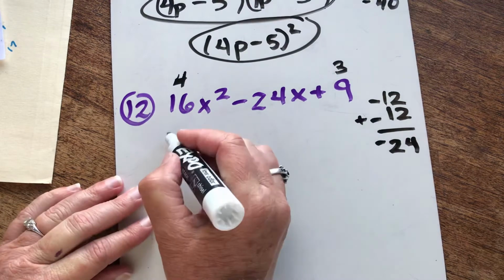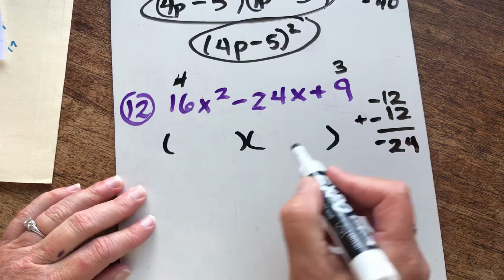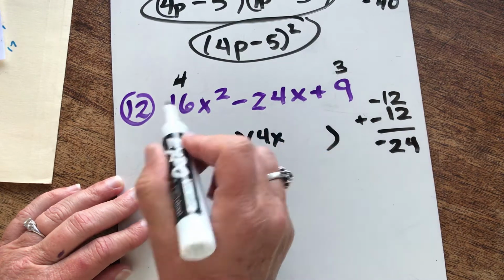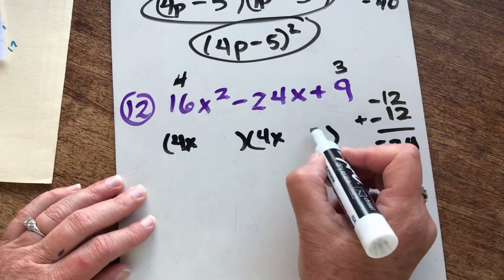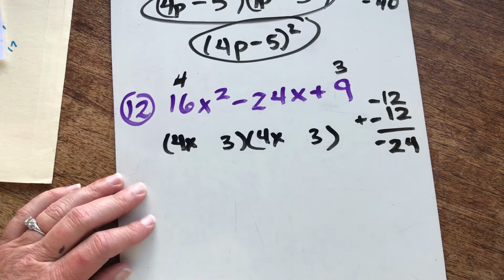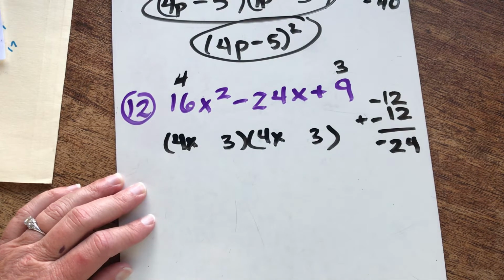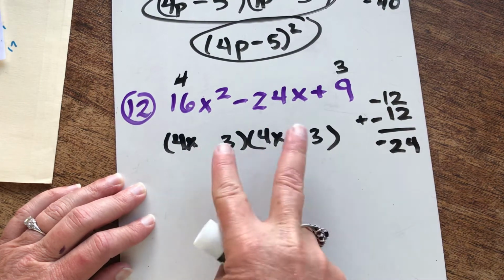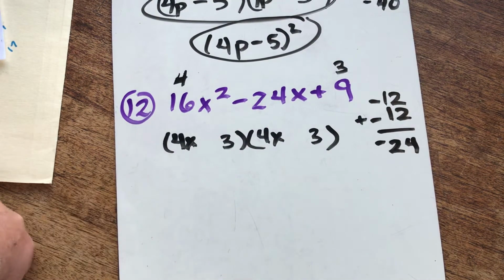So let's go ahead and factor. Set up our parentheses. 4x times 4x would give me that 16x squared in the front. 3 times 3 would give me the 9 in the back. And you only have 3 options here. They're both plus, they're both minus, or they're mixed. We know they can't be mixed signs because that would be a difference of squares, conjugate binomials.